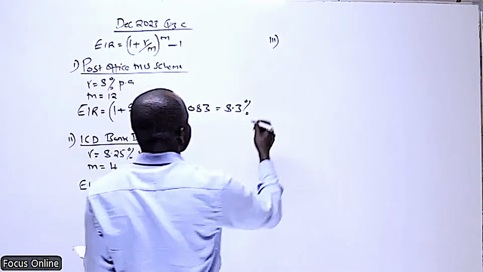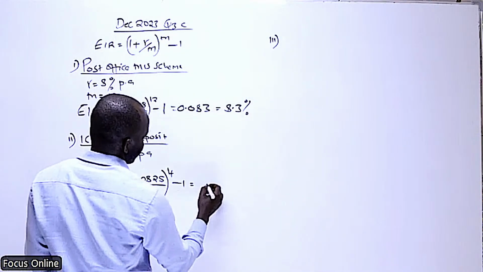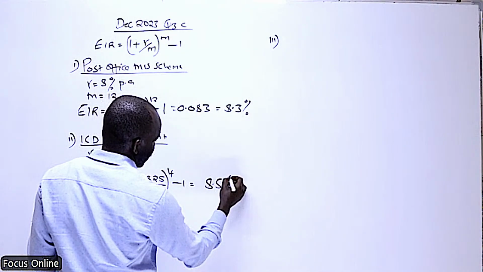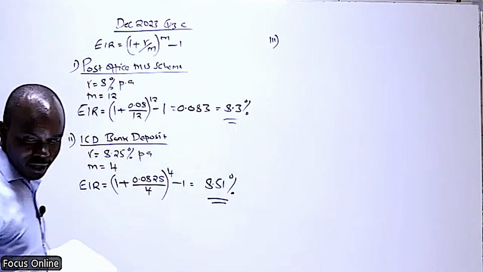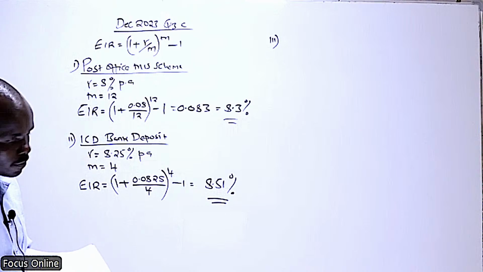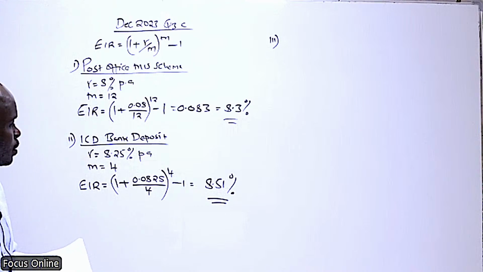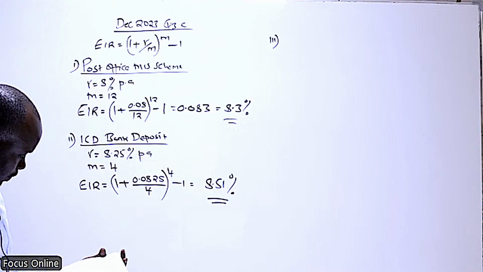That gives 8.51%. So we are multiplying by 100%, whatever answer we are getting.